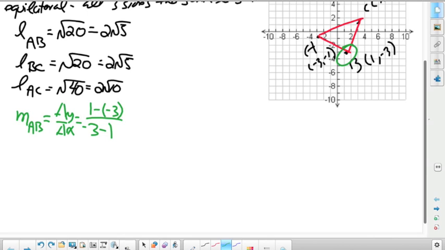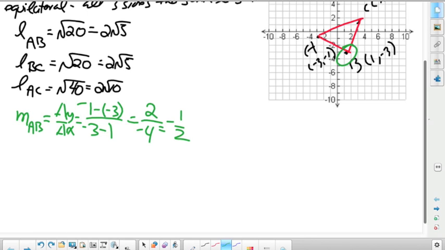What points am I using? Delta y, I forgot a negative here. So negative 1 minus the negative 3, and then negative 3 minus 1. So that gives me negative 1 plus 3 is 2, over negative 4, which is negative a half. Okay, so that's the slope of AB.